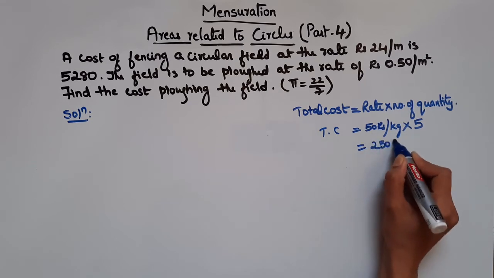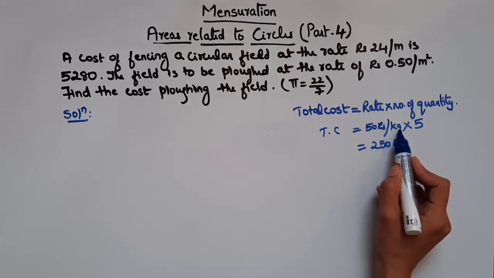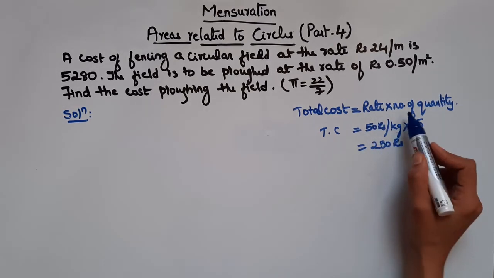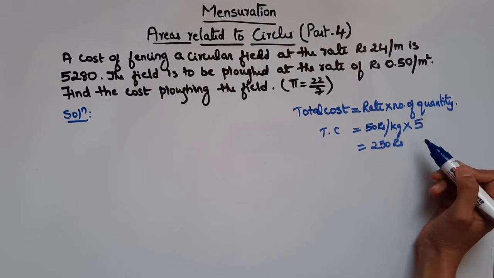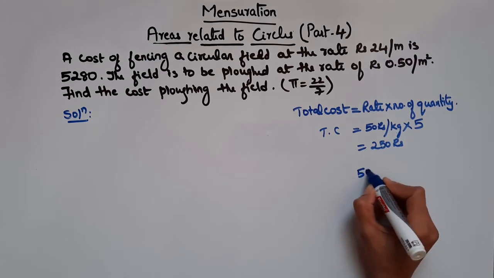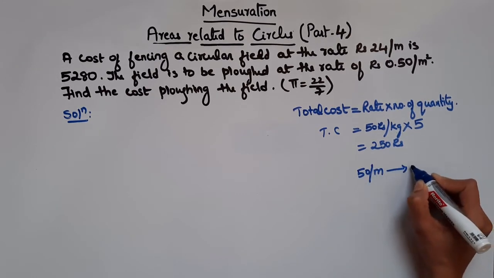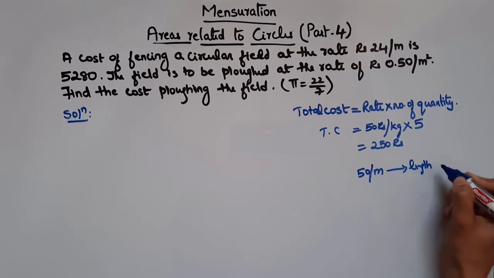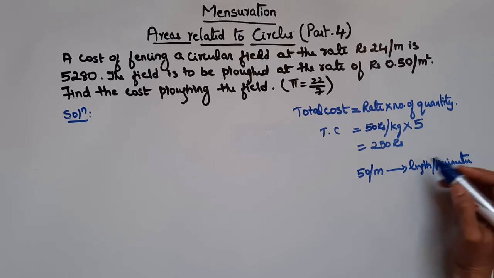250 rupees. So now if the rate is in terms of per kg, which means the number of quantity, here we are talking about kilos, right? Similarly, if the rate is per meter, then the number of quantity we are talking about is length, or it can be perimeter. The unit of length or perimeter is meter.